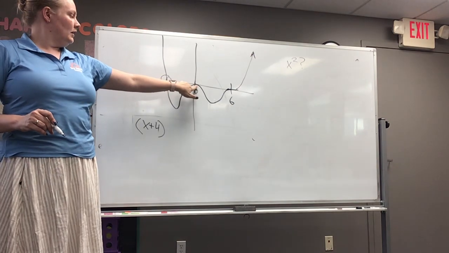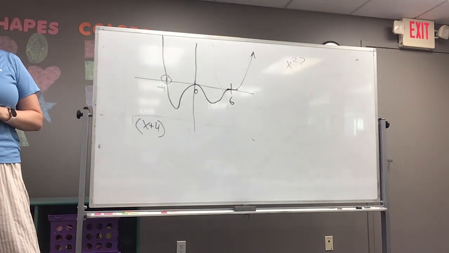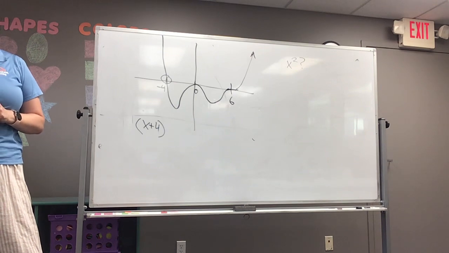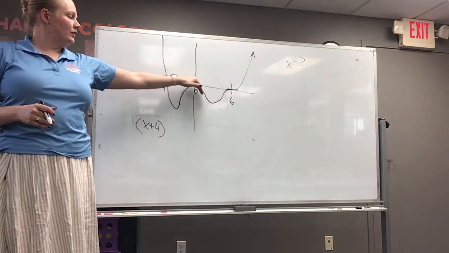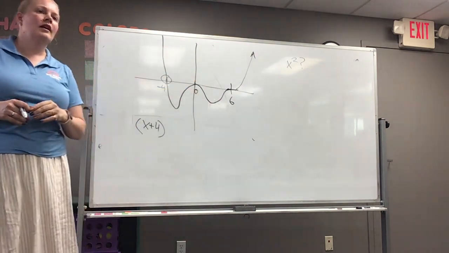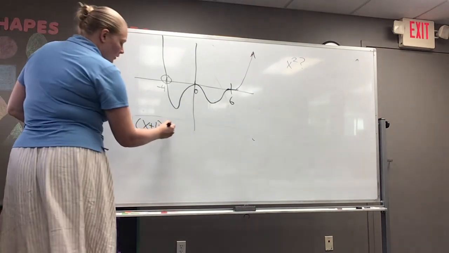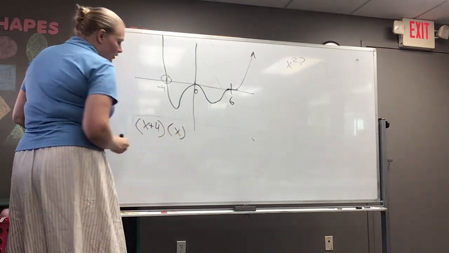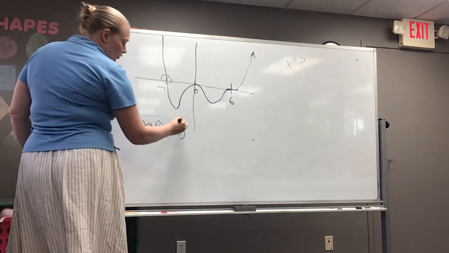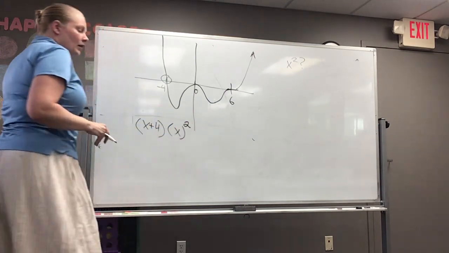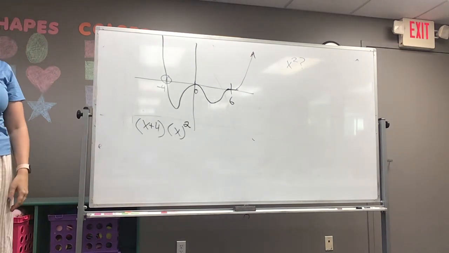What's going on here at the origin? When it touches but doesn't cross, this is a double root. It is just plain x, because if x were 0, that would create a 0. But because it doesn't cross, it is an even power, and the lowest possible is just x squared.